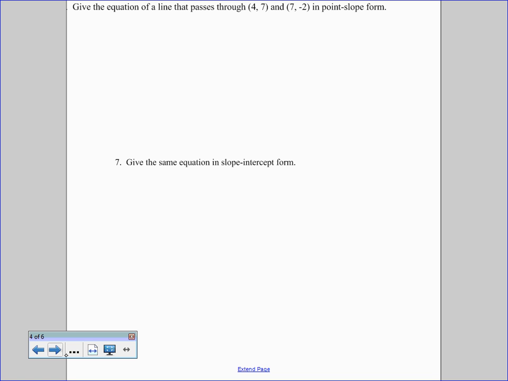Give the equation of a line that passes through (4, 7) and (7, -2) in point slope form. So remember that slope equals y2 minus y1 over x2 minus x1. And so what we want to do is label our points x1, y1, x2, y2.